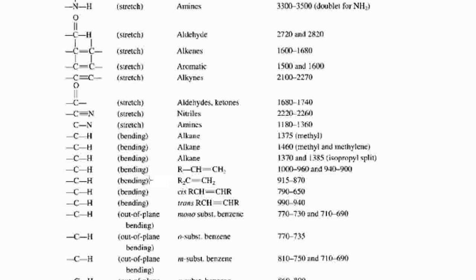All right, the first entry we look at is this. If you have an alkene at the end of a chain, then in the bending region you will see, the table indicates, two peaks. The first one is on average 980, the second one on average about 920.